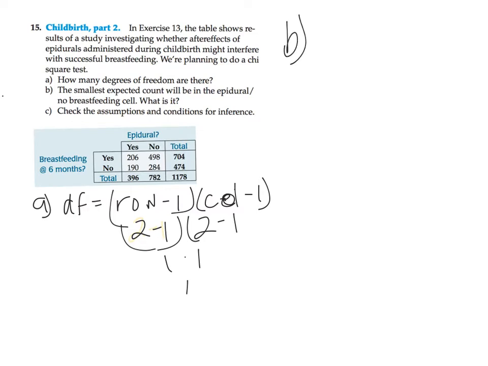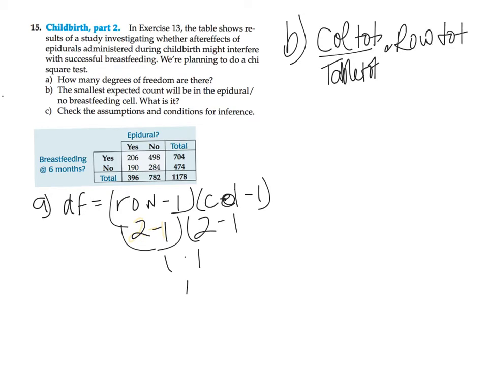By hand, it's column total divided by the table total times the row total. And the one we're interested in is epidural yes, breastfeeding no. So it's the 190 cell, but we want the numbers here.